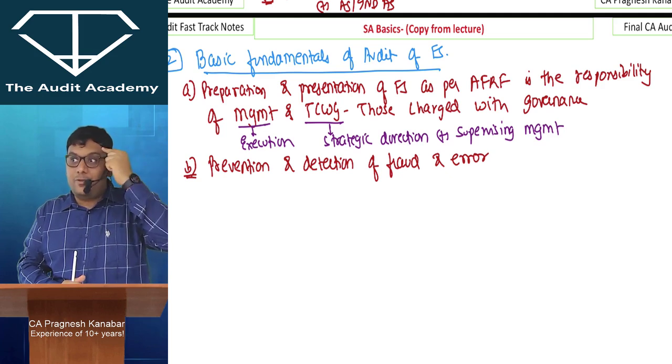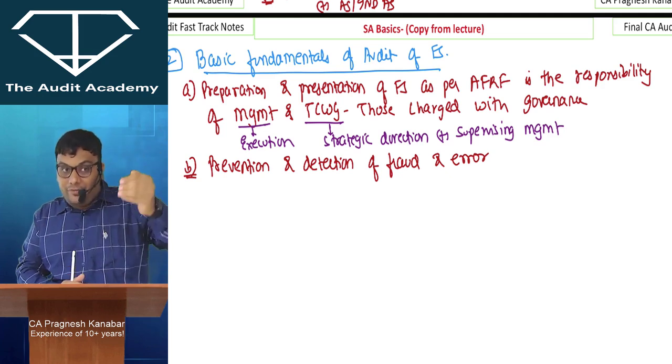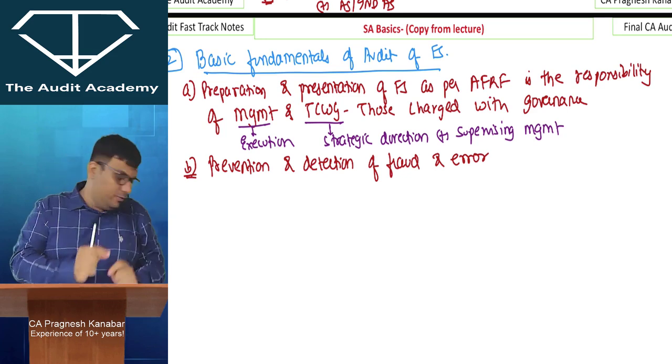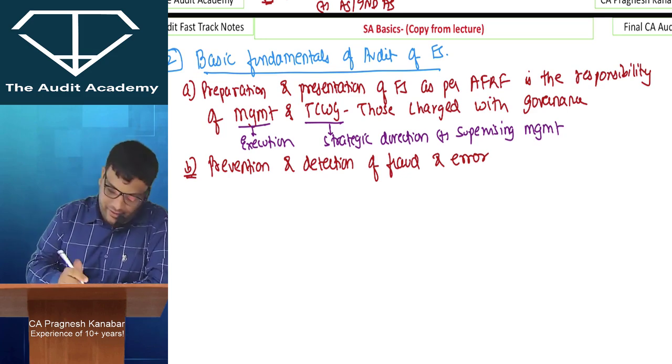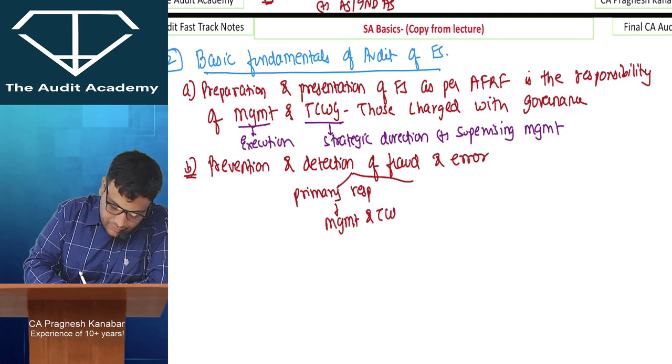However, auditor is supposed to maintain an attitude of professional skepticism. So during the course of audit, if auditor comes across something suspicious, then he is expected to investigate. Primary responsibility will be of the management and those charged with governance.